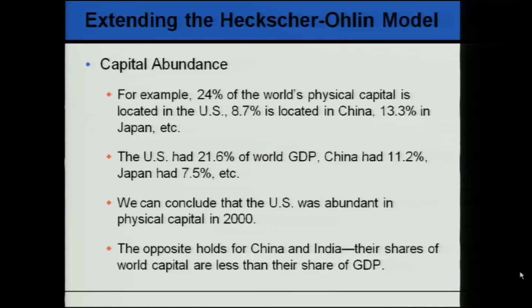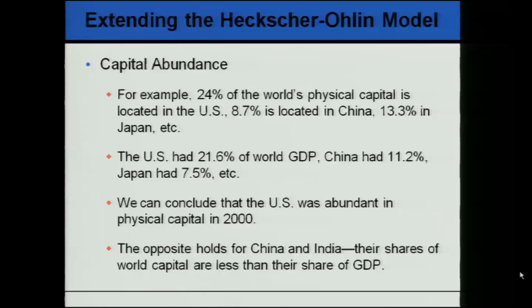So, what comes out of the last table is that, for example, 24% of the world physical capital is located in US, 8.7% is located in China, 13.3% in Japan. But US had 21.6% of the world GDP, China had 11.2%, Japan had 7.5%. So, we can conclude that US was abundant in physical capital.